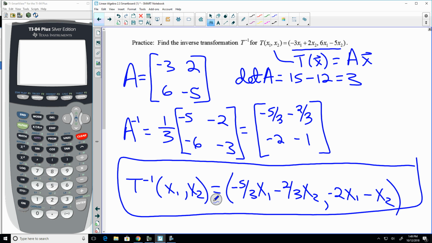You don't have to multiply by the matrix. But because we can multiply by a matrix, it gives us other things that we can do, like find the inverse transformation. But not every transformation has an inverse, and not every transformation has a matrix. Only the linear transformations have matrices associated with them.